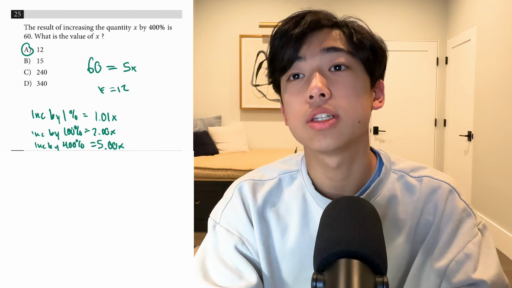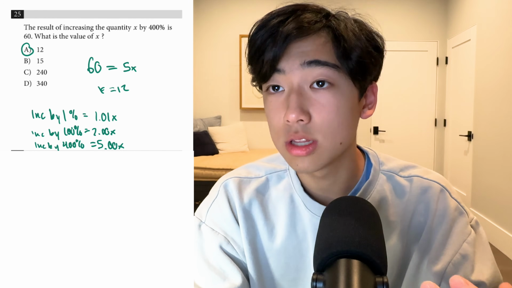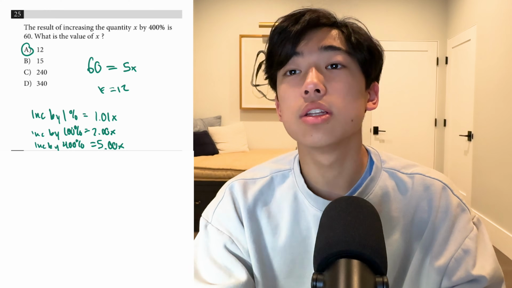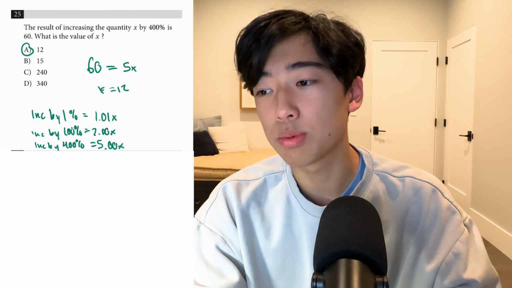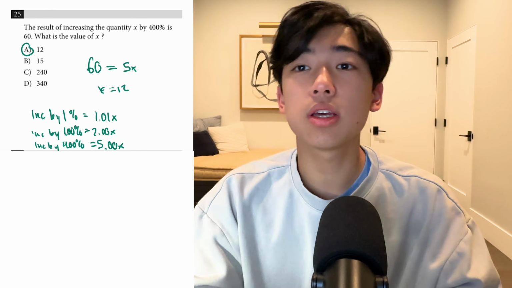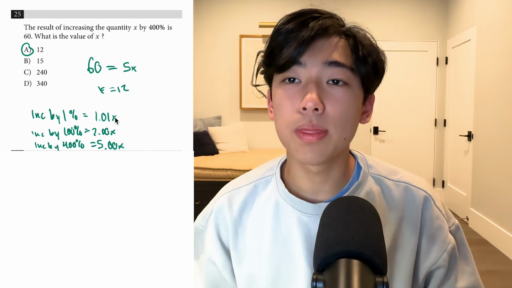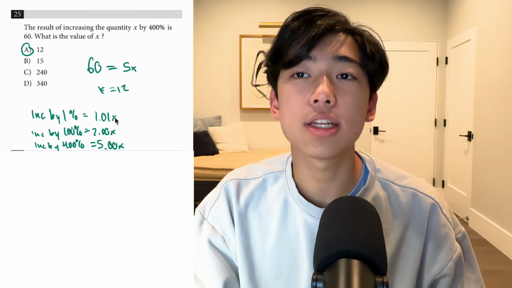Now number 25. This one is another tricky one. So what you need to understand is when you're increasing the quantity of x by 400%, you're not doing 4x equals 60. It's not 400% times x equals 60. What it's saying is when you're increasing something, you're not simply finding 1%, but you're adding it to the existing value.